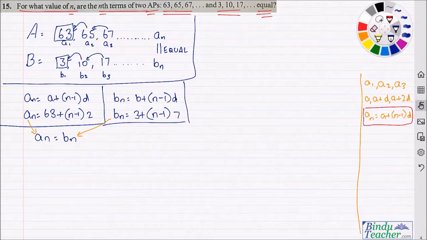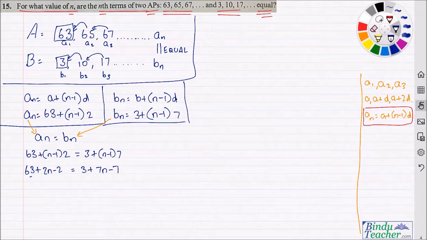So A of n is 63 plus n minus 1 into 2 equals B of n, which is 3 plus n minus 1 into 7. So it gives me 63 plus 2n minus 2 equals 3 plus 7n minus 7.